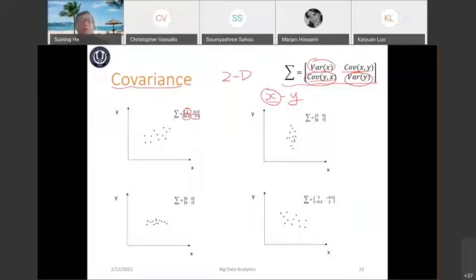Let's see this example here. The entire trend of the data points is pointing towards this direction, meaning X and Y have a very similar span. And the span along this direction is the longest one. We can see that along this direction their spread is the largest because the variances of X and Y are very similar.